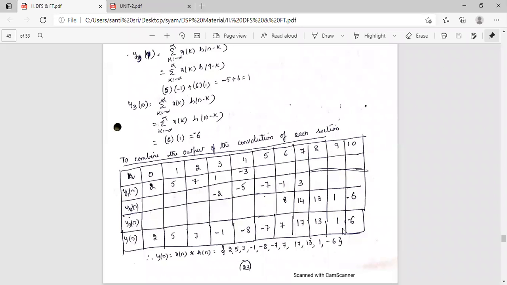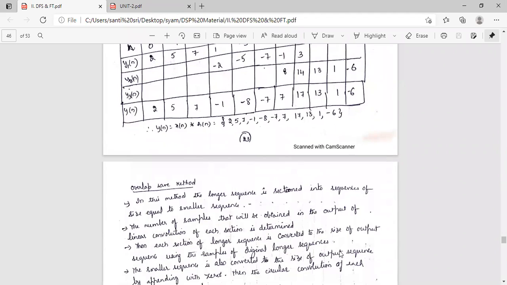So this is the resultant y of n, that is the linear convolution of x of n and h of n with these samples 2, 5, 7, minus 1, minus 8, minus 7, 7, 17, 13, 1, and minus 6. Okay, that is overlap add method.